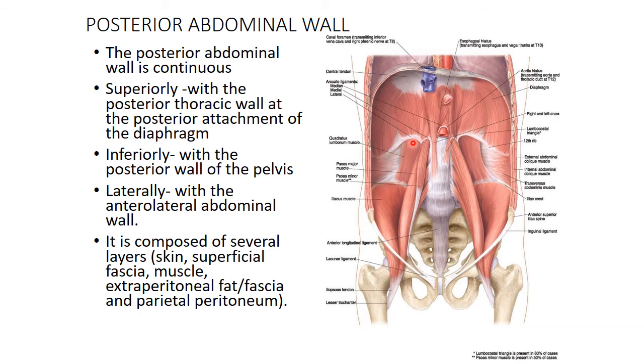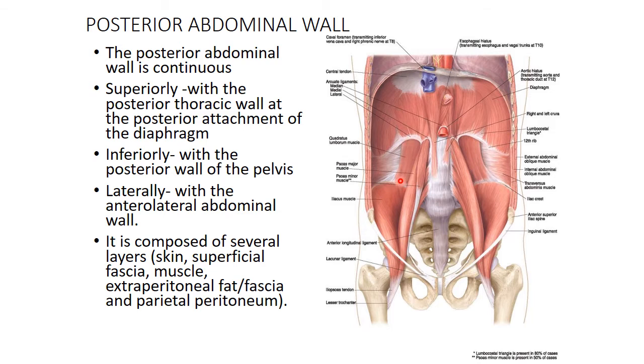The posterior abdominal wall is continuous superiorly with the posterior thoracic wall at the posterior attachment of the diaphragm. See, this is the posterior attachment of the diaphragm in the form of the lateral arcuate ligament and medial arcuate ligament. So from here it is continuous with the posterior thoracic wall.